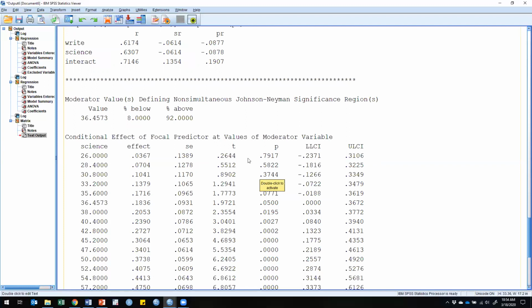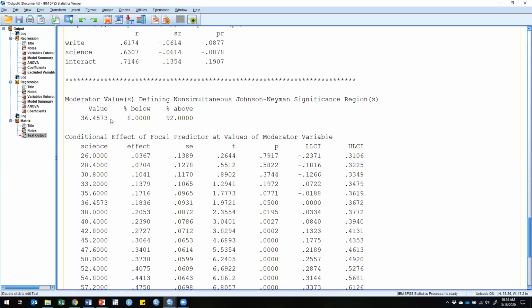So we're seeing where on the continuum of science achievement is the conditional effect of writing statistically significant.